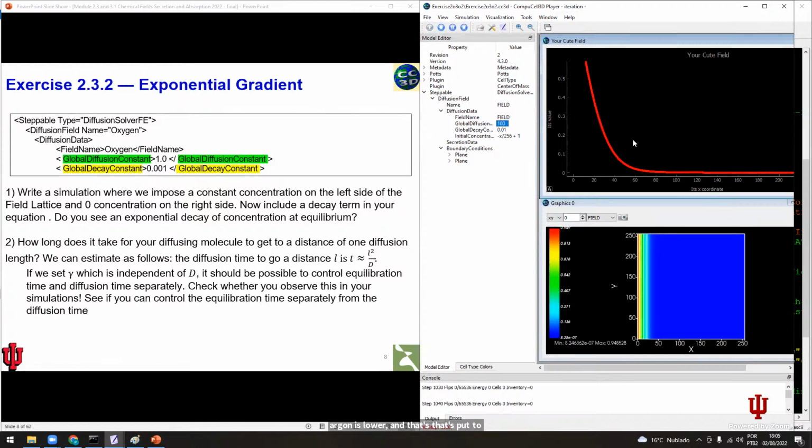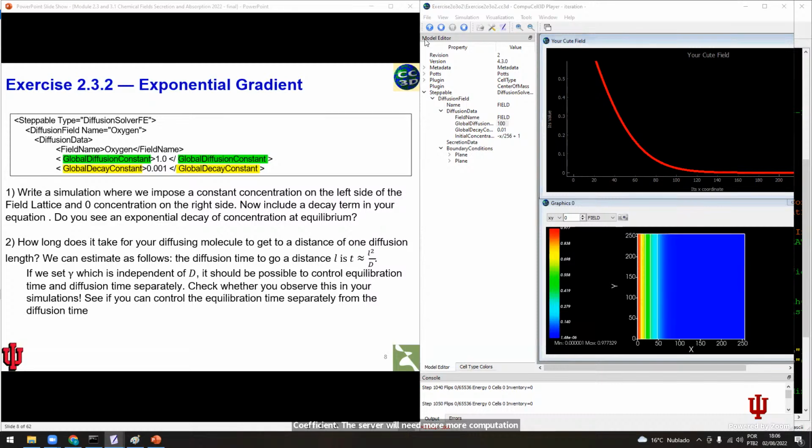Look. The steps are going a little bit slower, and that's because for a higher diffusion coefficient, the solver will need more computation to solve the details.